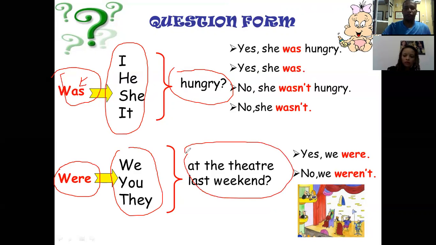This is the structure that you must use to talk or write sentences in interrogative form in simple past using to be. Esta es la forma como vamos a usar el verbo to be para hacer oraciones interrogativas en pasado simple, ¿ok? Bien, primero vas a colocar el verbo to be, was o were, según la persona o personas de las que estés hablando, más el complemento.